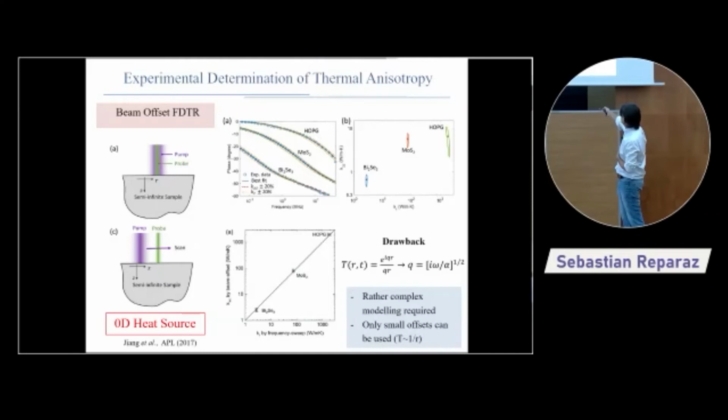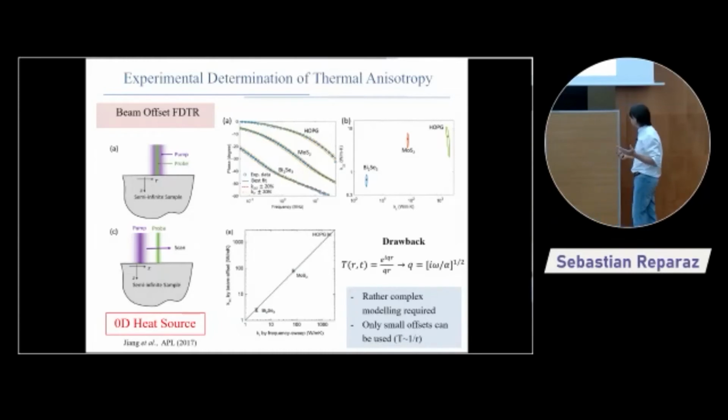What you see here is the case of bismuth selenide, molybdenum sulfide, and highly oriented pyrolytic graphite. You can see that the authors get, with quite decent precision, the in-plane and the out-of-plane values. These samples are actually good samples for this because the thermal conductivity in this direction is 100 times smaller or something like this than the in-plane direction, okay?